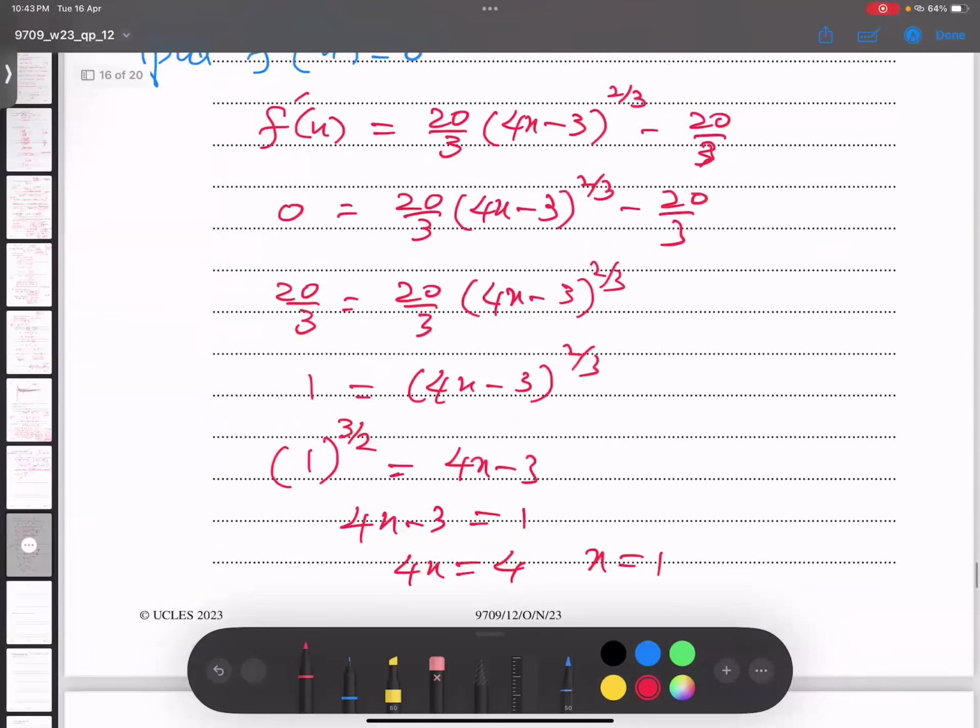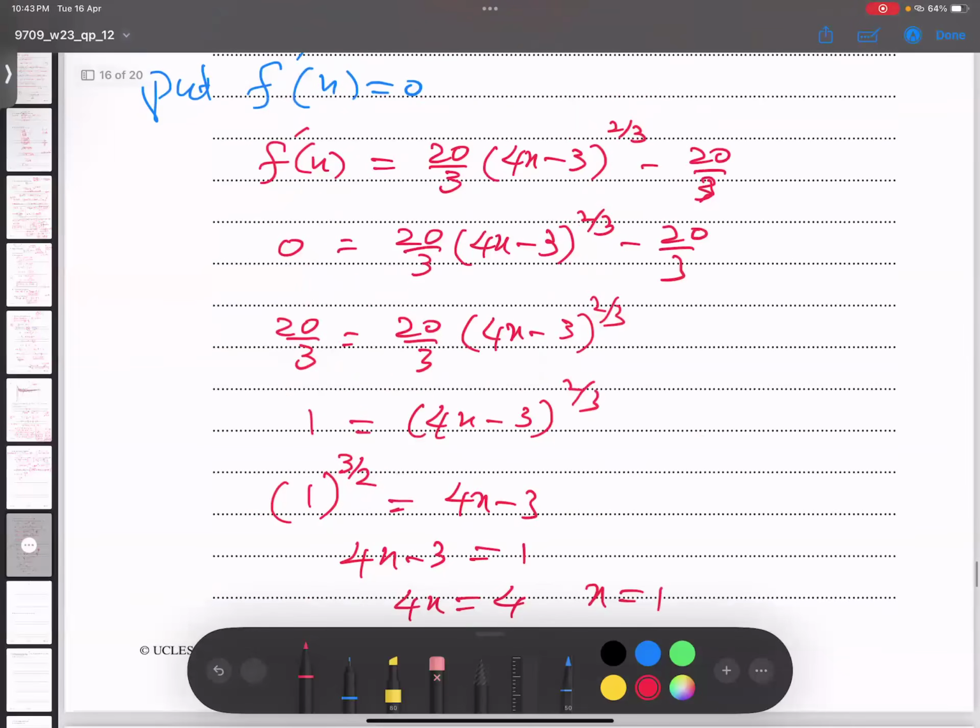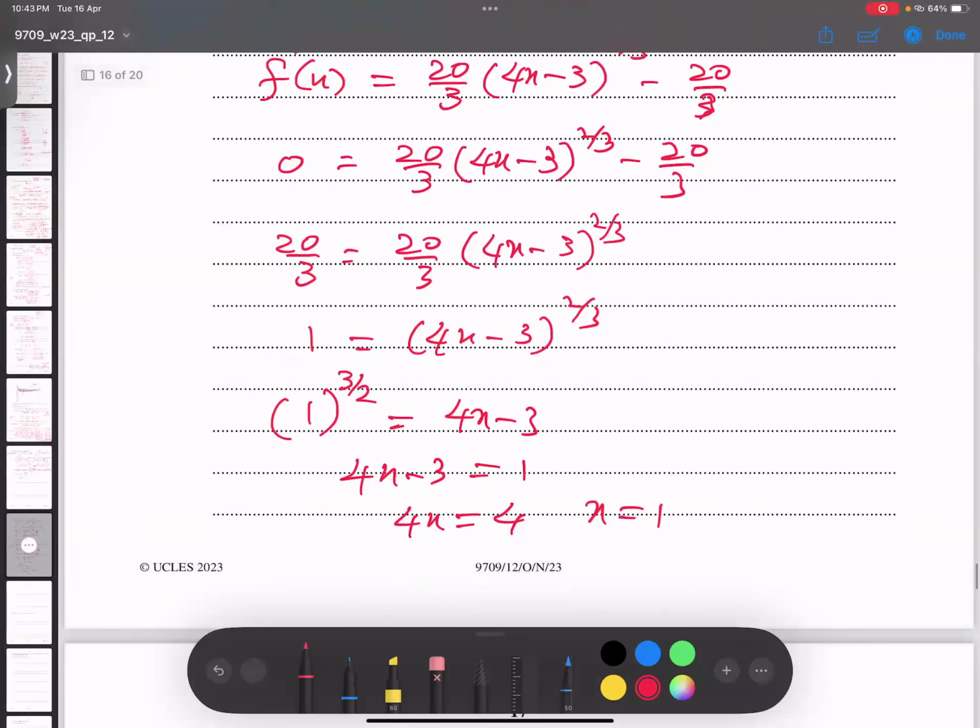And one important part here, hold on, we have to be careful. If you look carefully, this is power 2, and whenever power 2 is there and you want to eliminate it, you take a root. So you will not write only 1. You will write plus and minus 1.